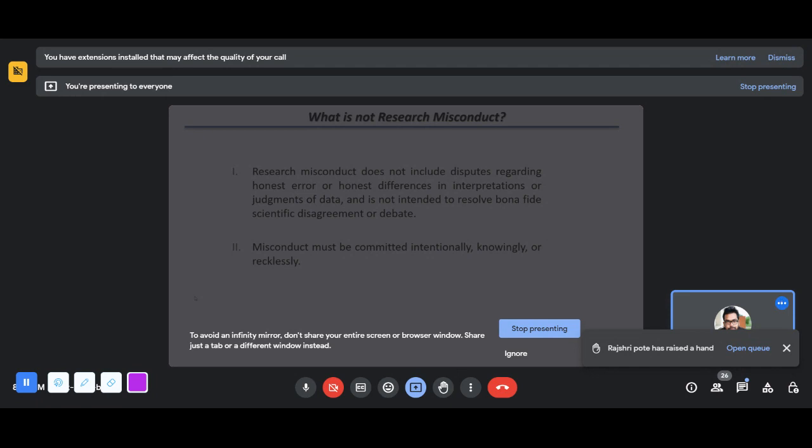It can be wrong, but that doesn't mean you are committing scientific misconduct, because your knowledge or understanding can be wrong, but it should not be intentional. Once you do it intentionally, that is misconduct. Misconduct must be committed intentionally, knowingly or recklessly. Once you do it unintentionally, that will not come under scientific misconduct.